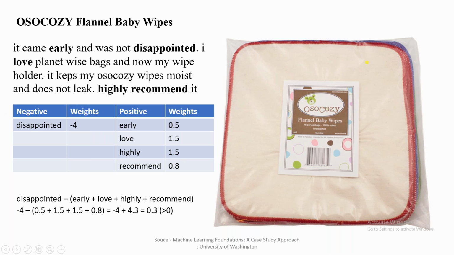For example, bags will be there, but I have not taken everything in this slide, so I can only focus on a few words. But in the final model, all the words will be present. Bags will be present, wipe will be present, holder will be present. But this is just an example.